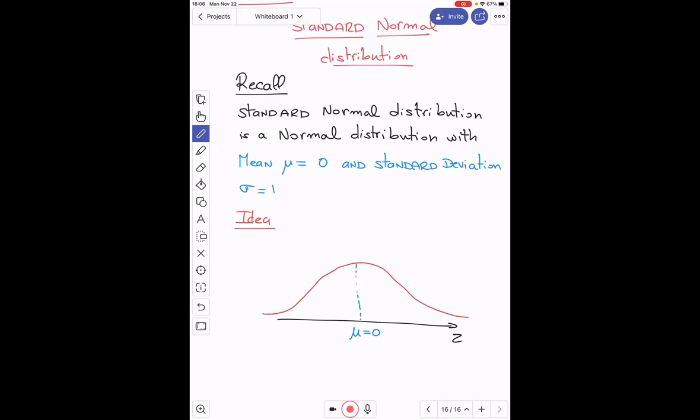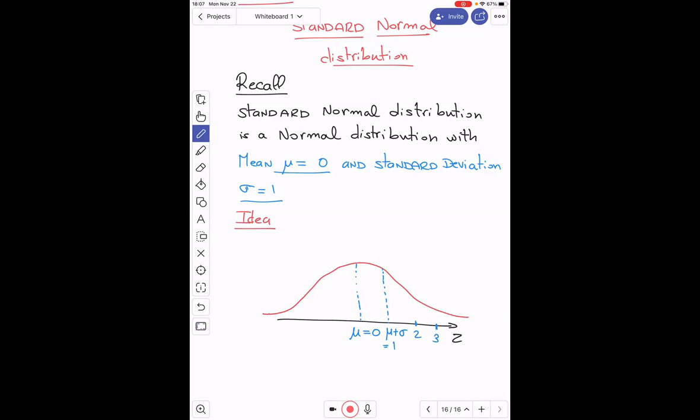Here, this is mu plus sigma, so that's 0 plus 1, because sigma is 1 and mu is 0. So this is 1. Here, this is mu plus 2 sigma, so that will be 2. Mu plus 3 sigma will be 3.